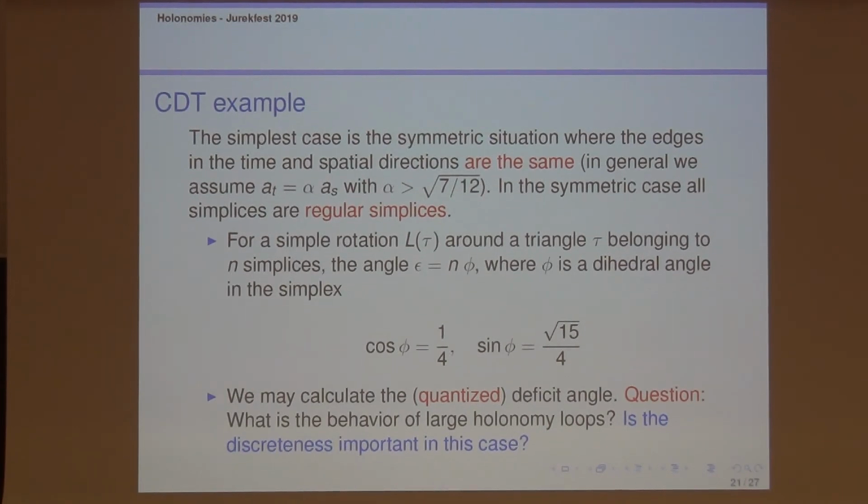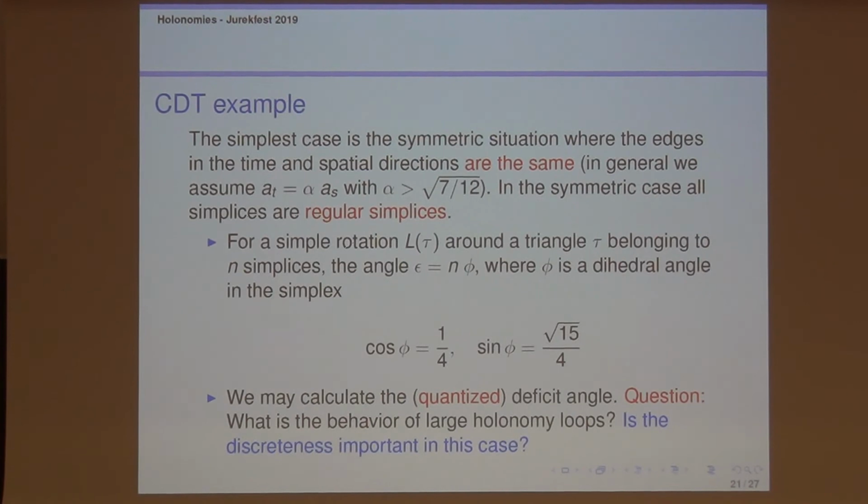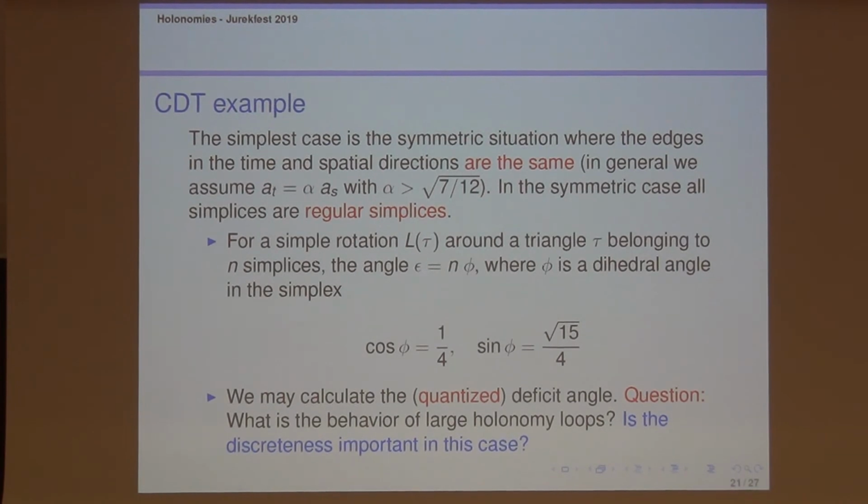And so in fact, the angle which we will see here will be a multiple of this elementary angle. And we can see that in fact, the curvature, which we can define in the model locally, is discretized. So it's a little bit like discretization of momentum on a lattice. Here we have discretization of curvature.